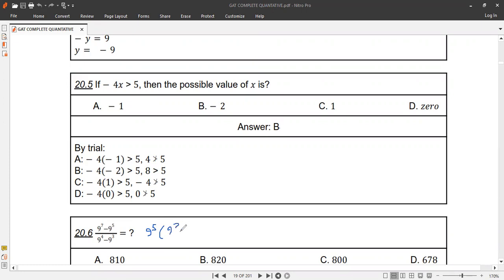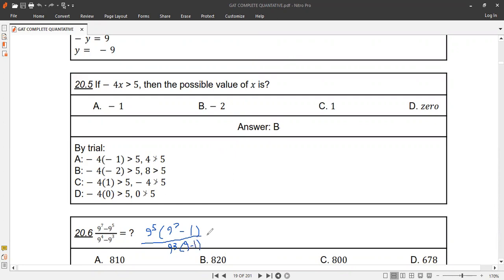Here, because we take 9 power 5 outside, it becomes 1. And here, over, I'm sorry, what happened here? 9 power 4 minus 9 power 3, I take 9 power 3 outside as a common factor. Then I have 9 minus 1.